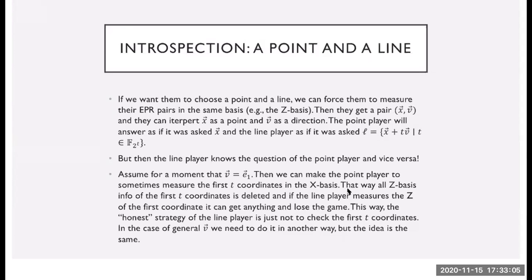So if he measures the first T qubits using the Z basis, he will get a uniform answer out of all possible strings of T bits. Okay, so I think at least you got the idea here. So there are these incompatible bases, and using these either compatible or incompatible bases, I can ensure that they either are compatible with one another or otherwise hide the needed information from one another.